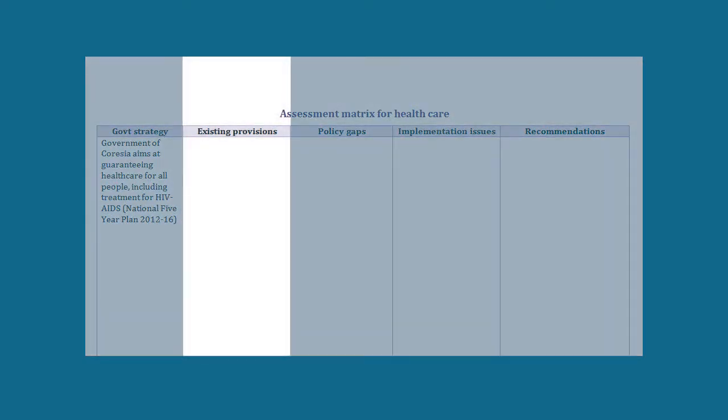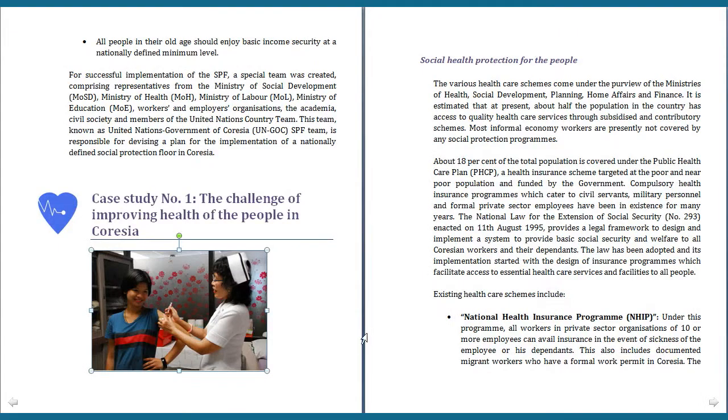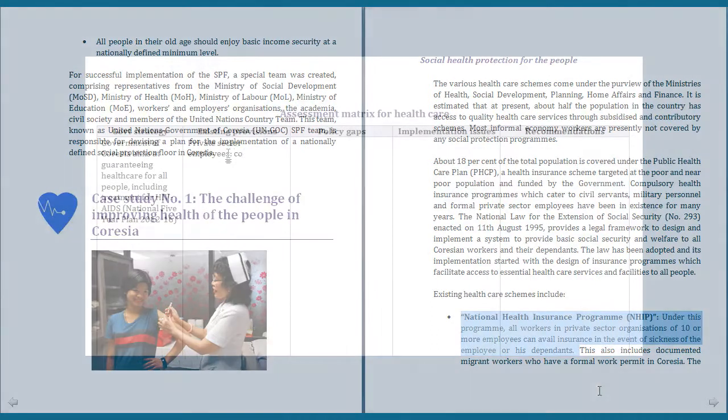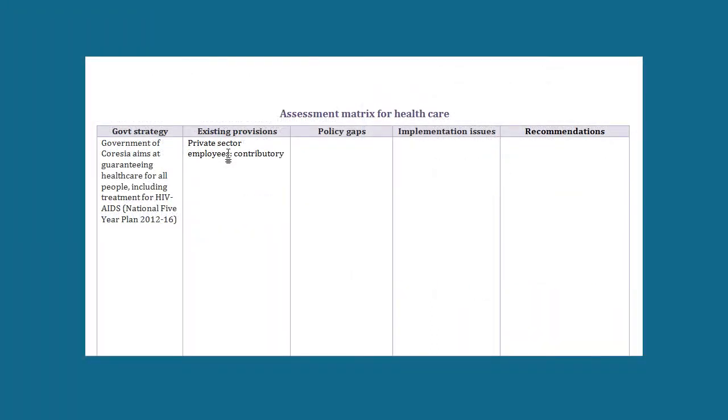Next, we're interested in the existing provisions. For example, these are the social health protection programs and schemes in a country. We want to list the schemes for each target group. Again, referring to the case study, we can locate this information. For example, workers in the private sector organizations of more than 10 employees are covered by the National Health Insurance Program of Croatia.